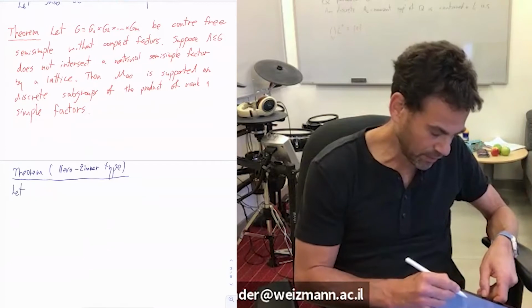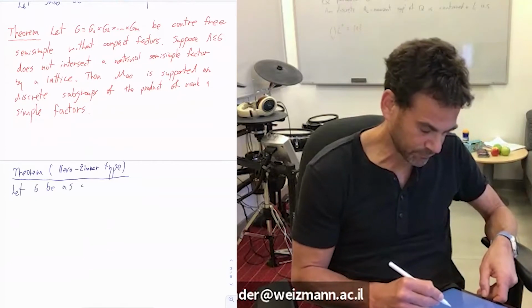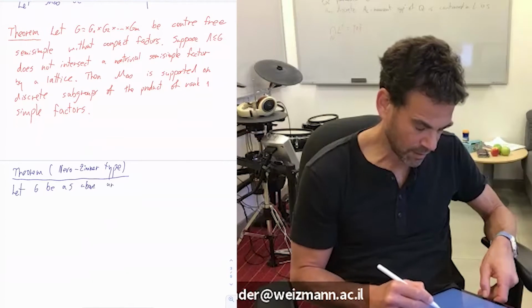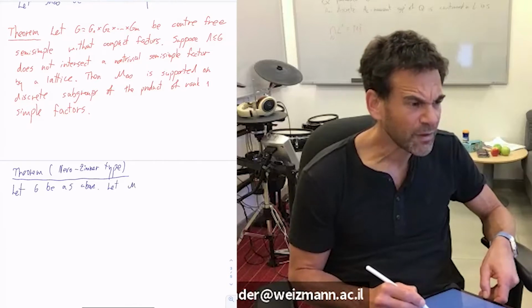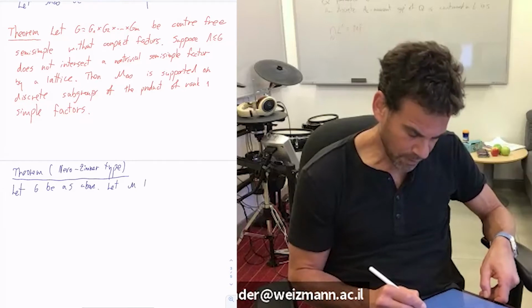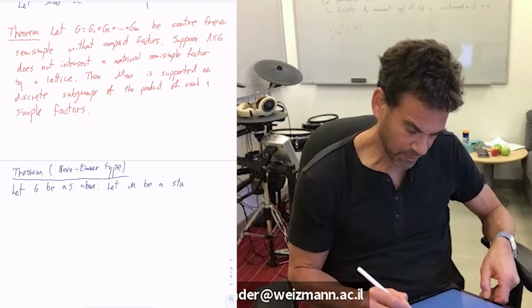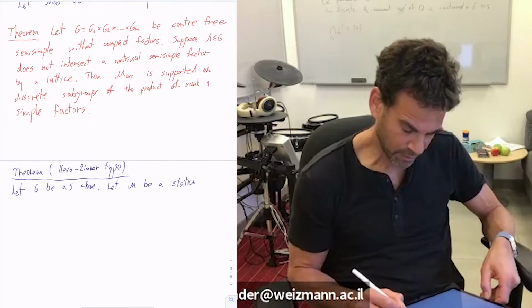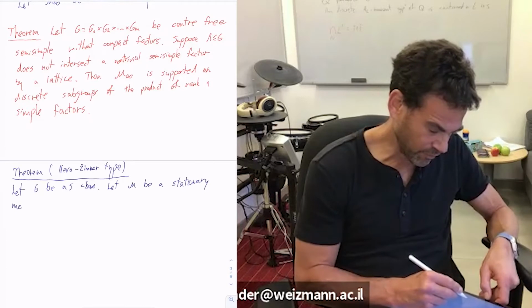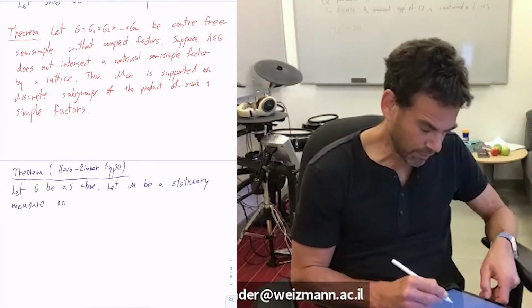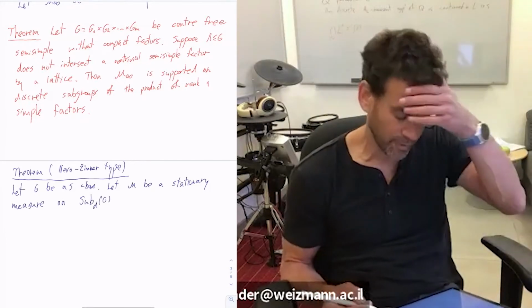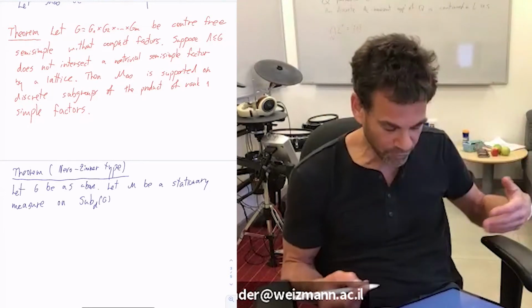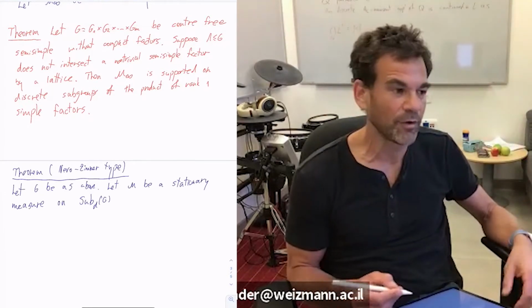So let G be as above, and let mu be a stationary measure on the space of discrete subgroups of G. So it's a stationary measure on the compact space of closed subgroups of G, which gives measure 1 to the open subset of discrete subgroups.